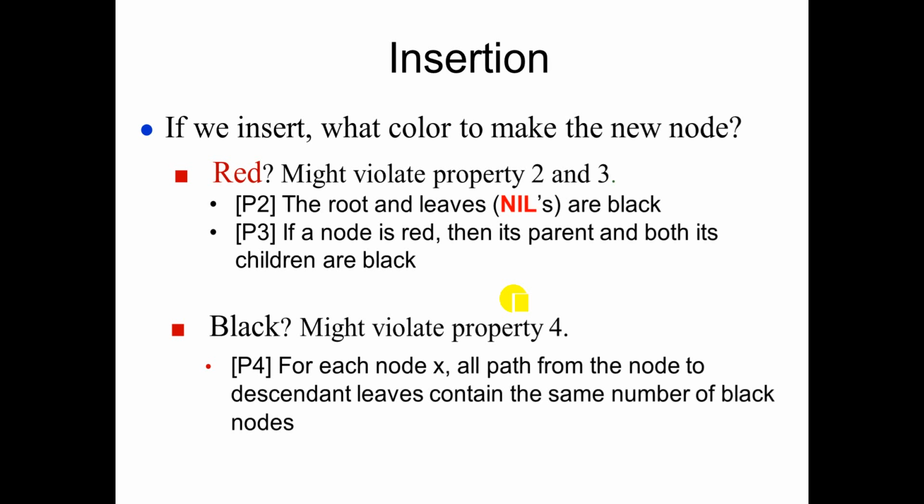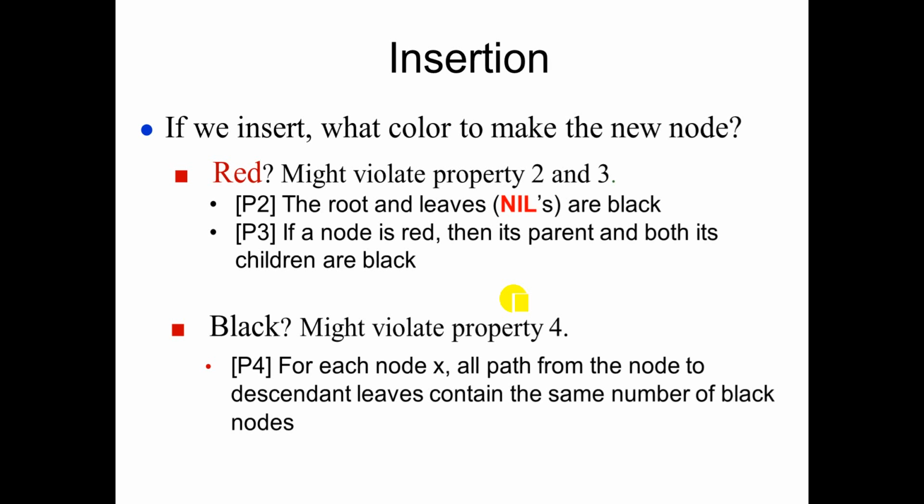We know we have 4 properties, but I am directly specifying 2 properties. Okay. So suppose first we are considering the red color property. So when we want to insert a new node, then first we need to decide the color of the new node. Okay, suppose the color of the new node is red.